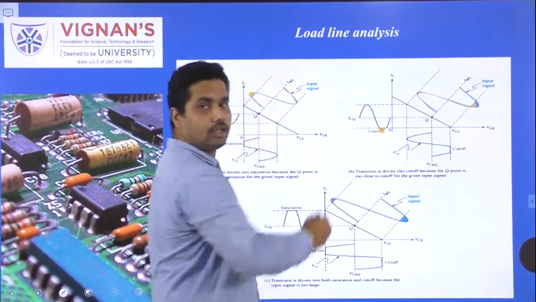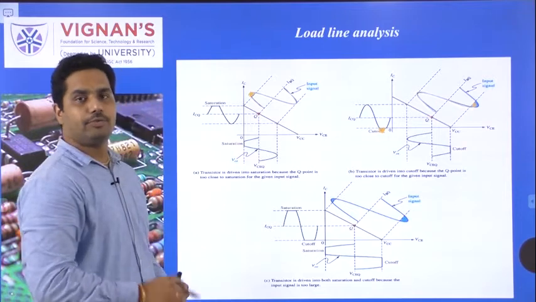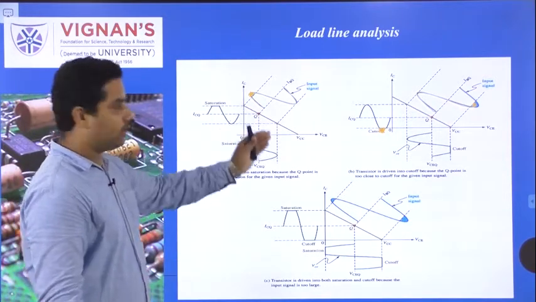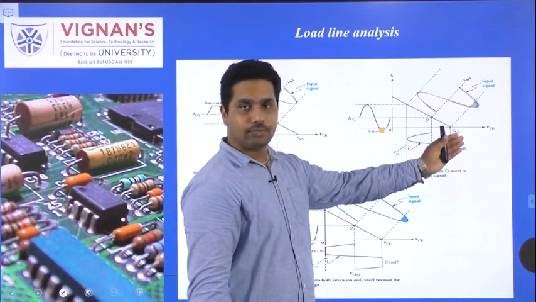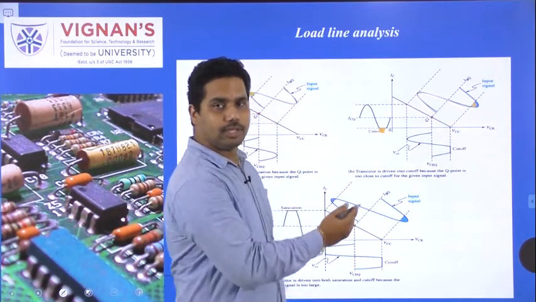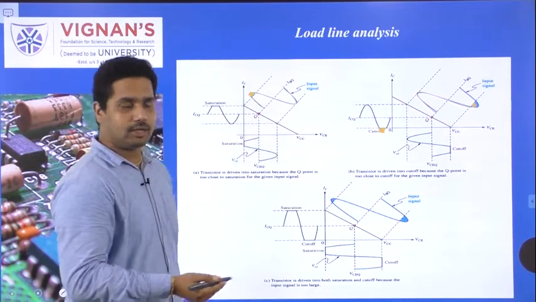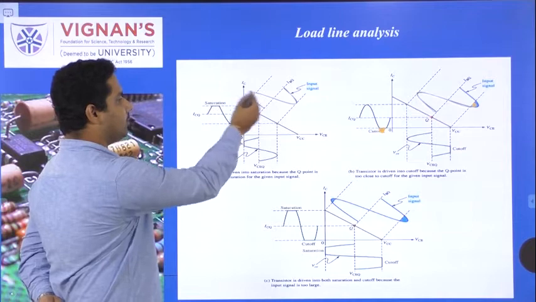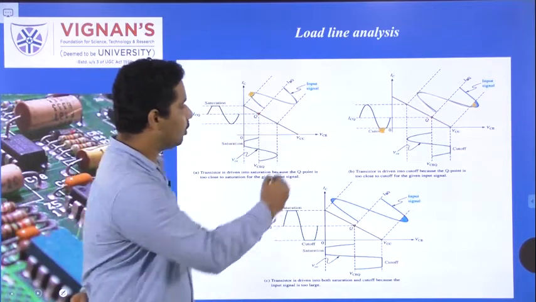So in both cases you are not getting faithful amplification. Either the Q point is nearer to the saturation, or the Q point is nearer to the cutoff region. In both cases, you are not getting faithful amplification, because your output signal does not have the same shape as the input signal.